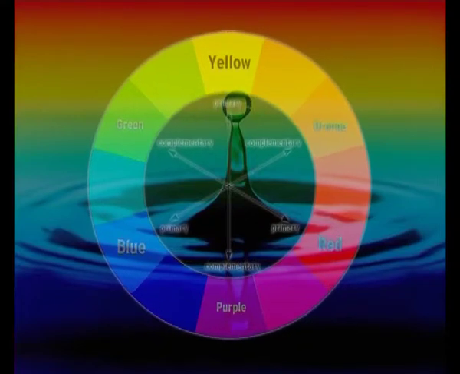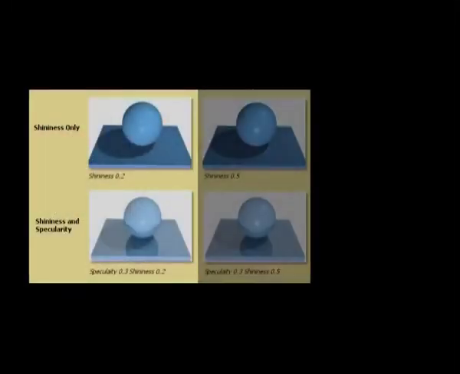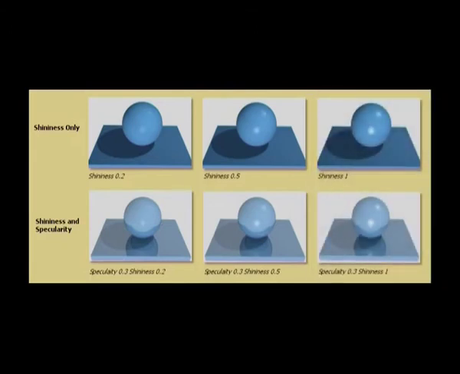It defines the exact color of the object. Then shininess is the object's shine, as you know, glossy, and this property is called specularity. It can help you design a lot of things.